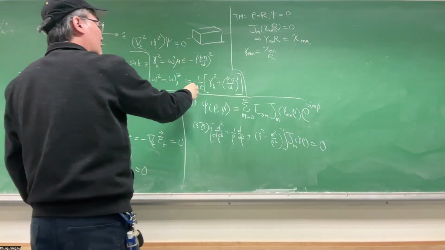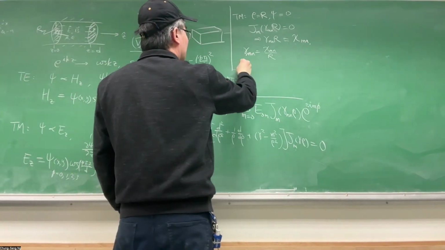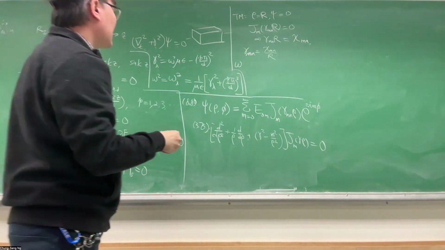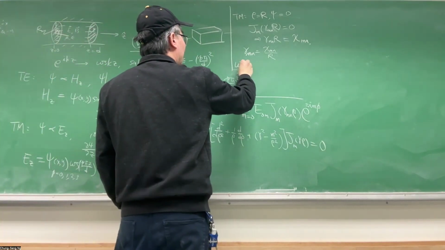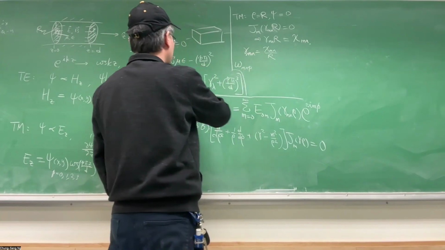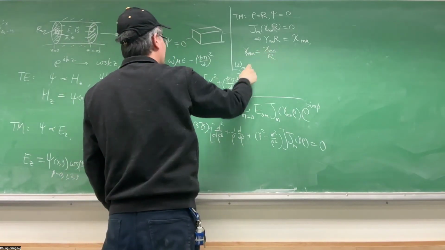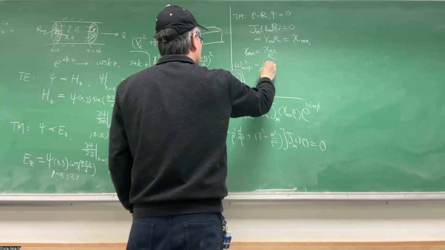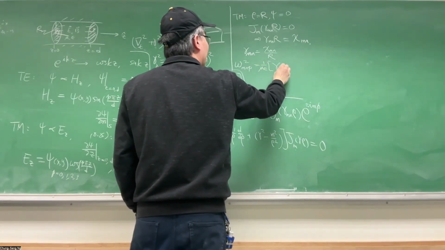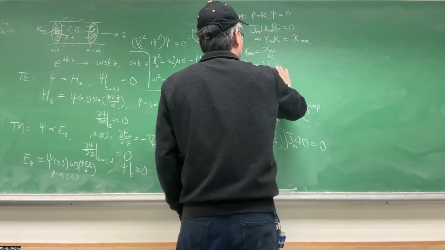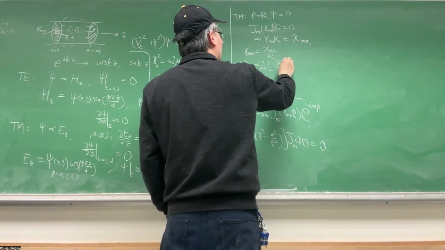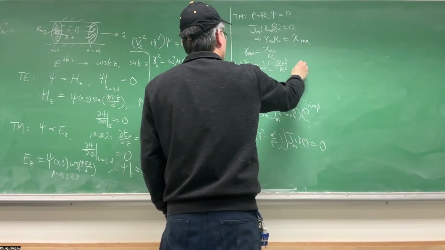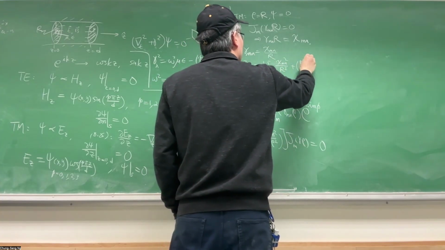And once you have this gamma mn, you put it in here. So it means that the resonant frequency depends on m, n, and p, because gamma is just given by m, n. Omega squared is equal to 1 over mu epsilon times gamma mn squared, which you can change to x_mn squared over r squared, plus p pi over d squared.